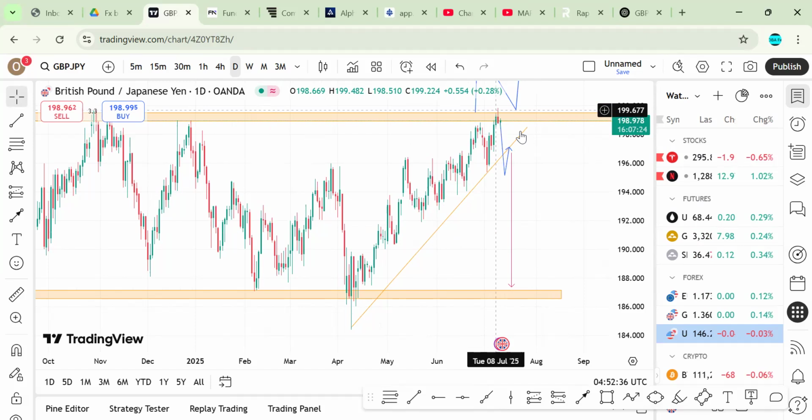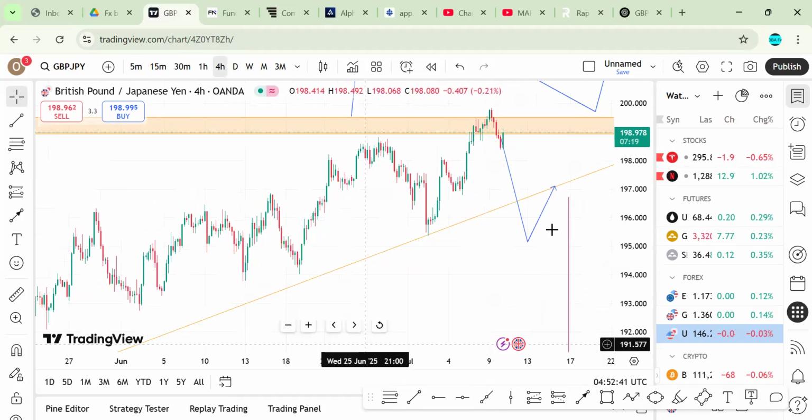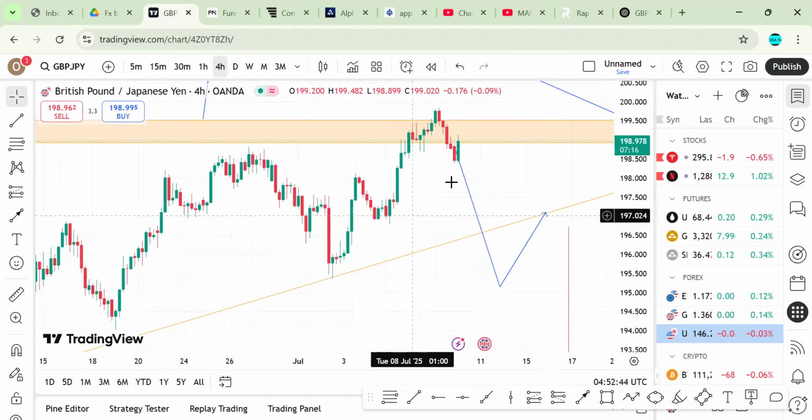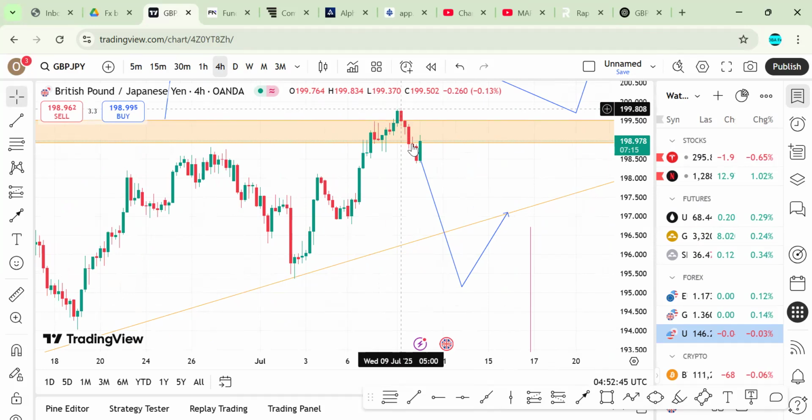If we have more bearish candles presenting themselves in this zone, and then we'll go to maybe the H4 time frame. Now we can see that sellers pushed price down, and suddenly buyers came back into the market with this H4 bullish engulfing candle.